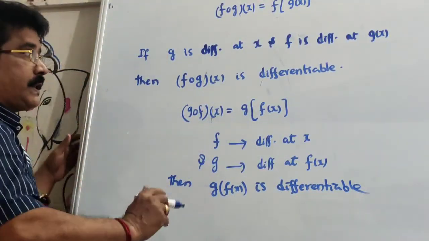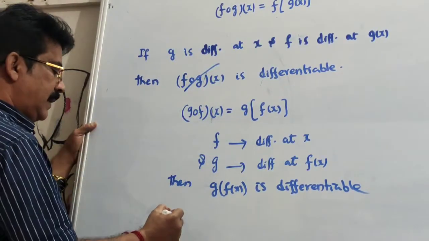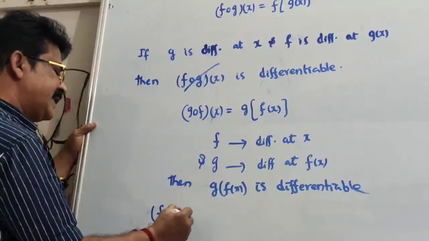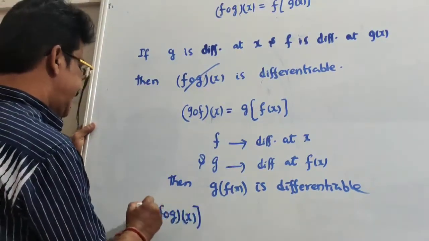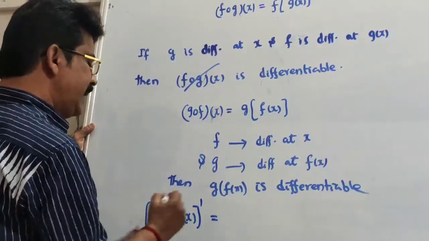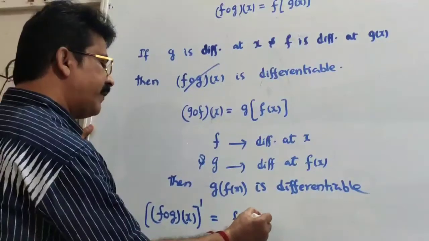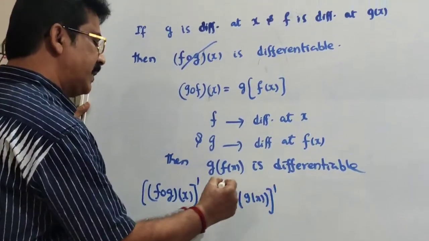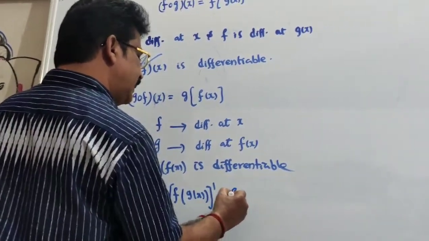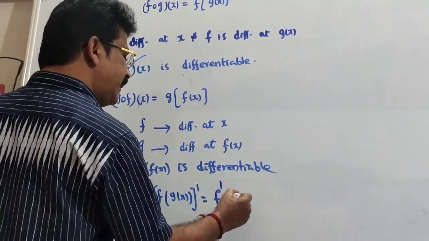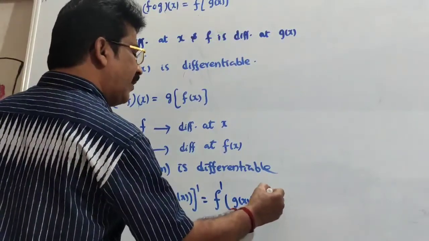Okay, next, if f circle g of x is differentiable, then its derivative, (f of g of x) whole dash, where dash stands for the first derivative, is equal to f dash of g of x into g dash of x.